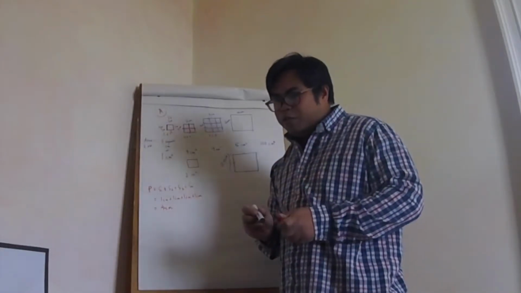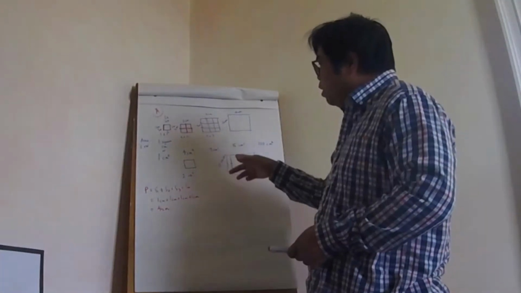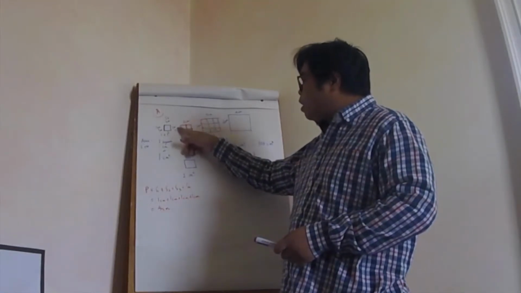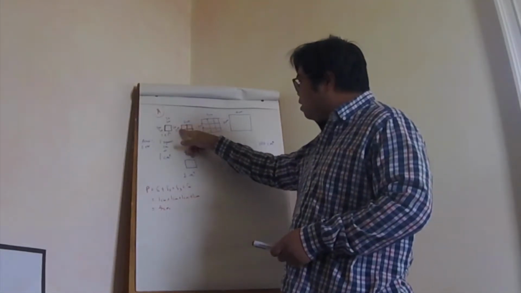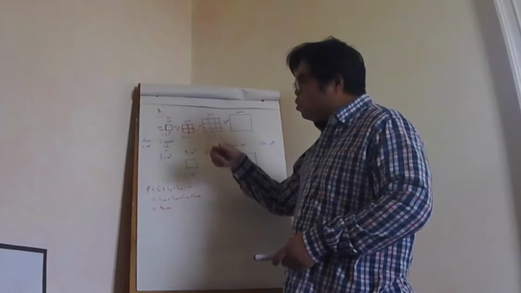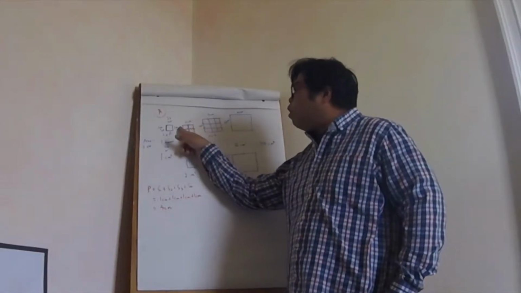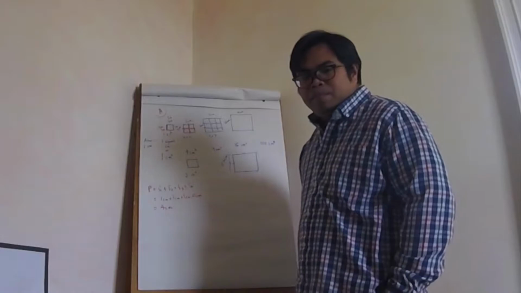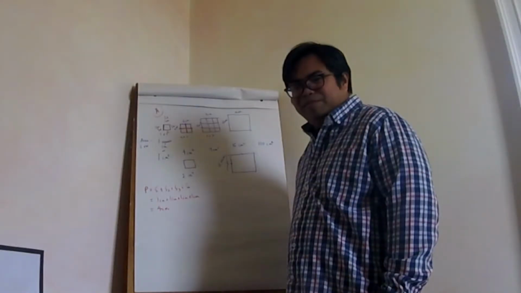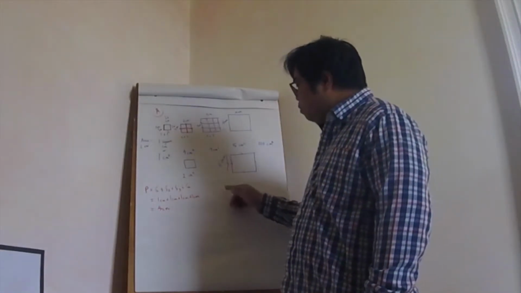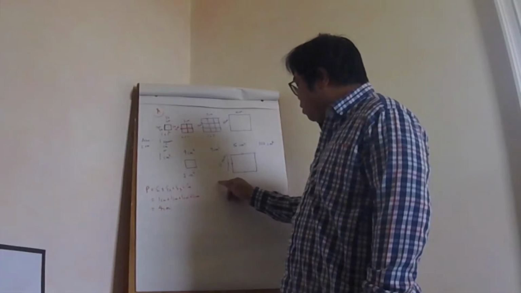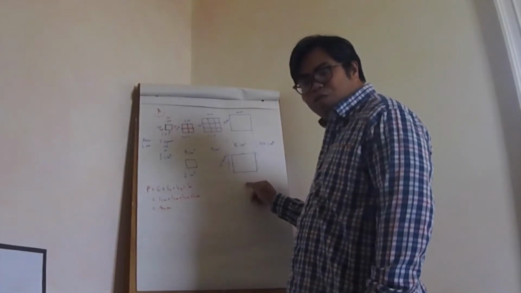Now, here's the question for you. What is the perimeter of the square when each side is measured as 2 centimeters? I don't know. You have to write it. The perimeter is side 1, side 2, side 3, side 4.